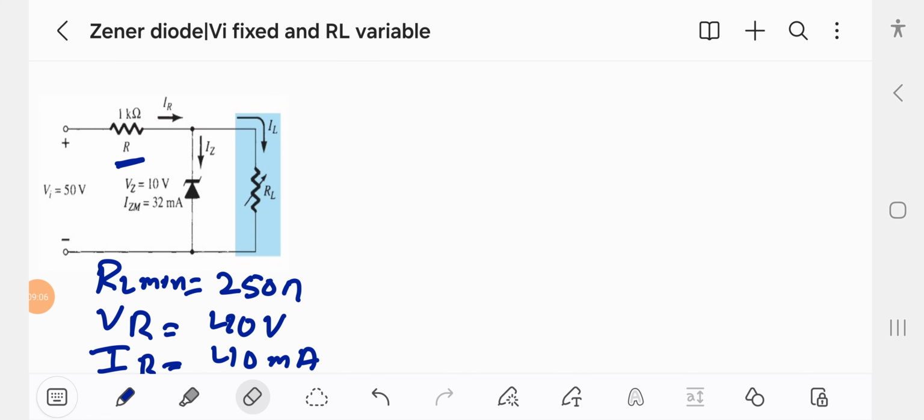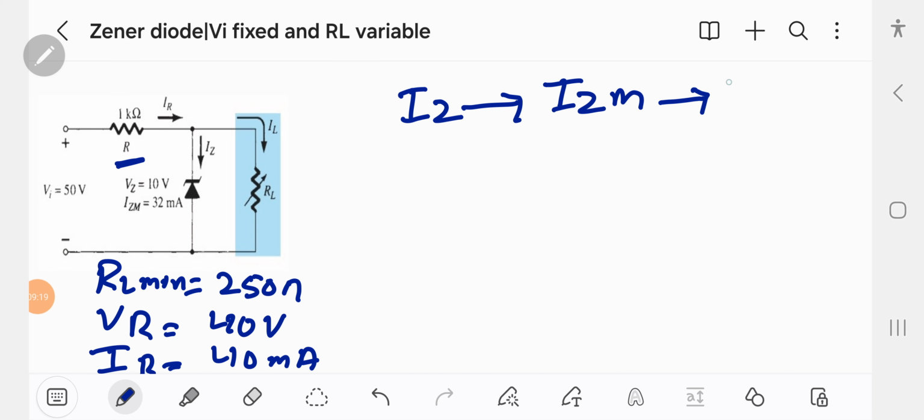Now here in this case we do not consider IZ, but we consider IZM, which is fixed and taken from the table.